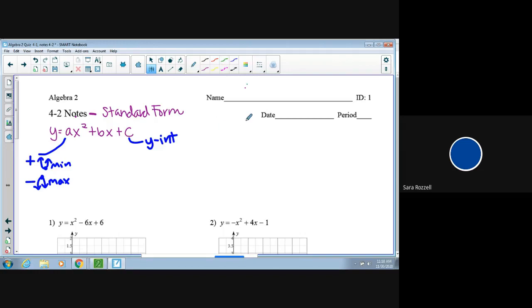All right, now we're going to go through how to figure out what the vertex is. We'll do vertex, axis of symmetry, max and min, and domain and range.